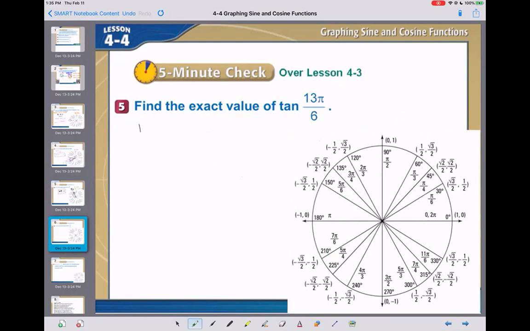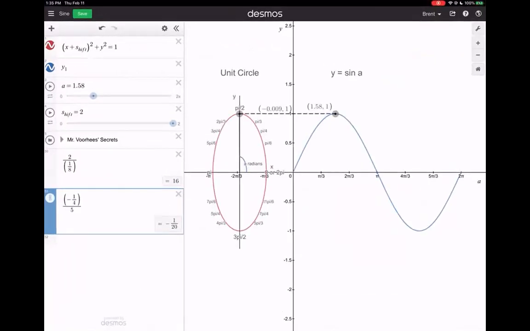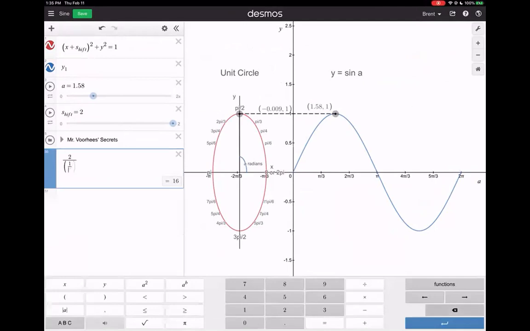So 13 pi over 6. What I'll do is I'll subtract 2 pi because 13 is just bigger than what I have. If I do this, I'll use Desmos. Desmos is great for finding this. By the way, I'm about to connect what you're looking at with what we're doing today. 13 pi over 6.